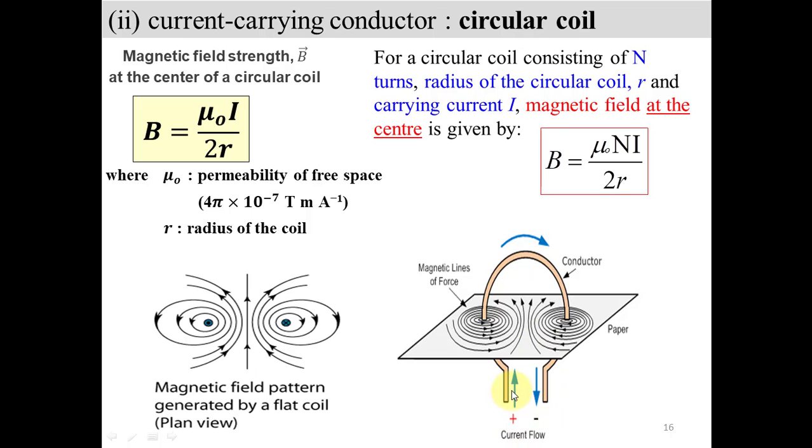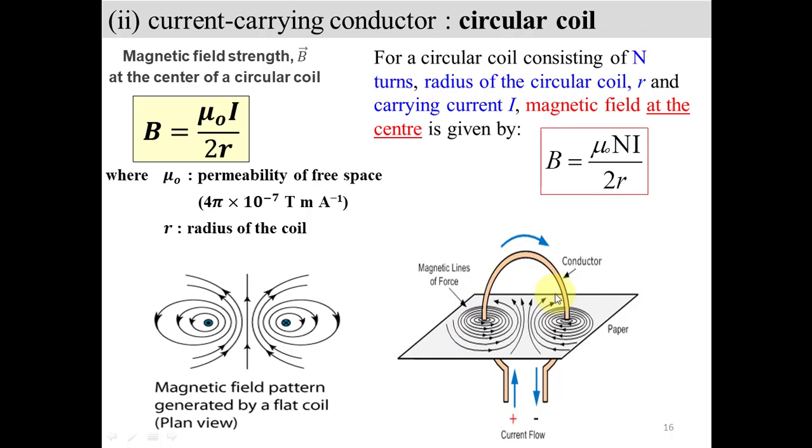Take a look here. This is the current flowing into the page and the current flowing out of the page. On the left side, where the current is out of the page, the magnetic lines of force will be anti-clockwise.